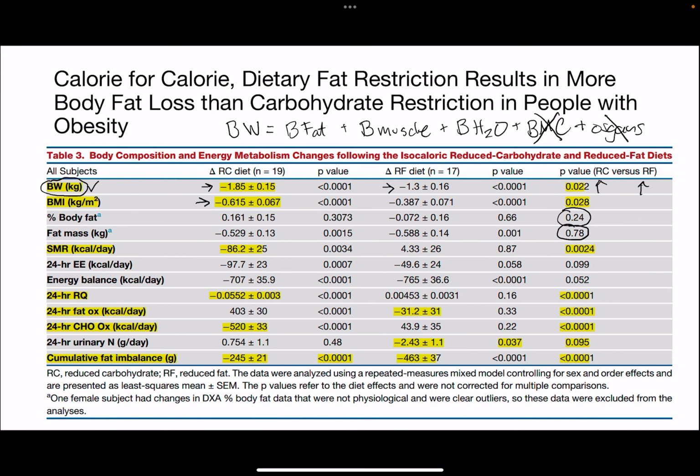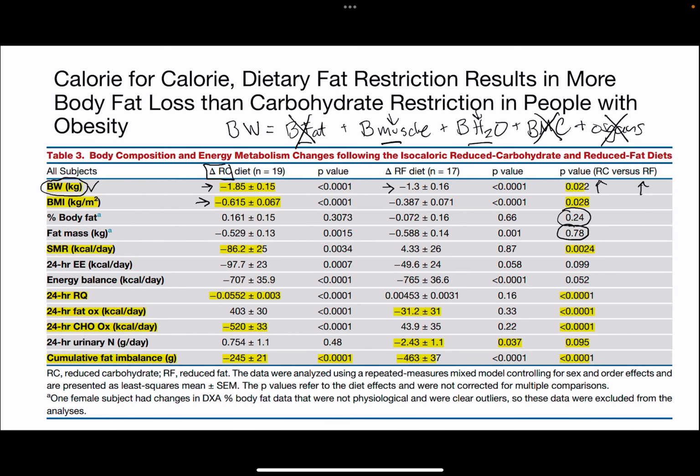They probably didn't lose an organ. So that takes us down to they either lost body fat, body muscle, or body water. But our analysis of body fat says this wasn't different. So a reduced carbohydrate diet either reduces body muscle or body water.